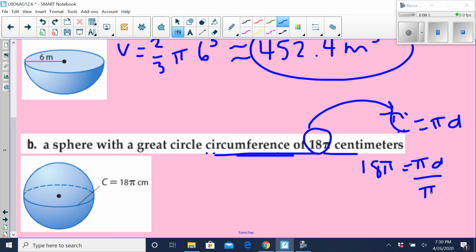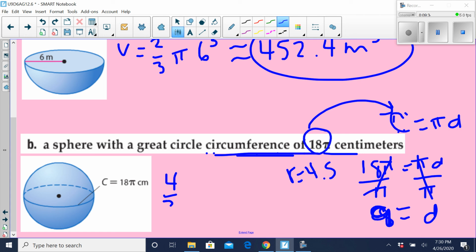And if I divide by pi on both sides, what's going to happen? Pi's cancel. The diameter is 8, but for this, or excuse me, the diameter is 9. Wow, Olson. Diameter is 9. But for this example, I really want the radius. So to find the radius, I cut it in half. My radius is 4.5.